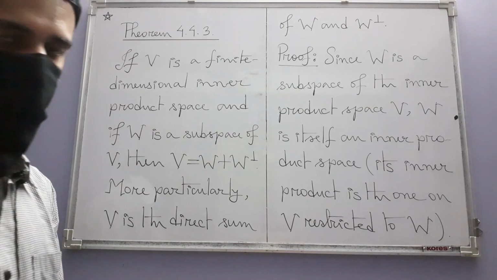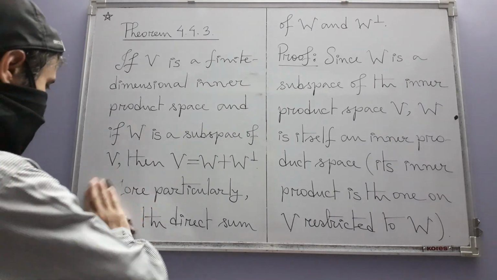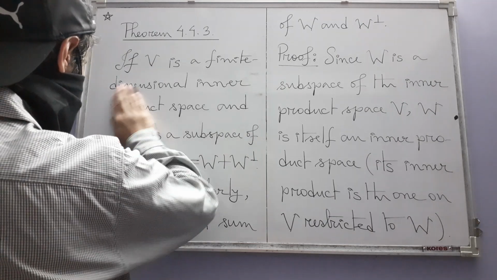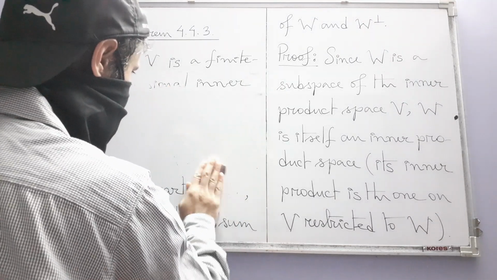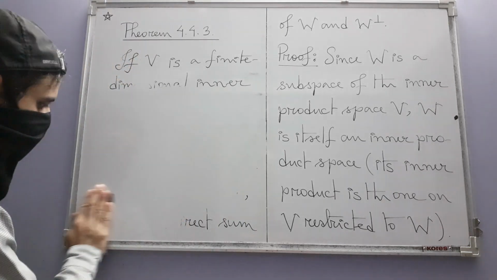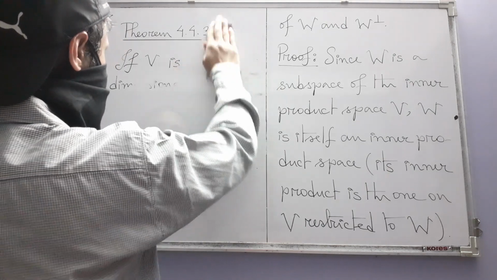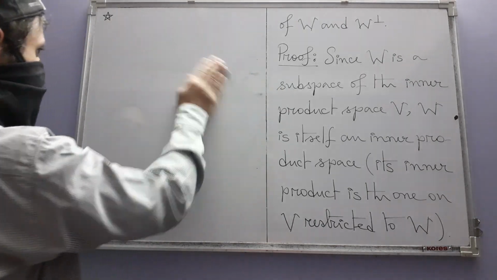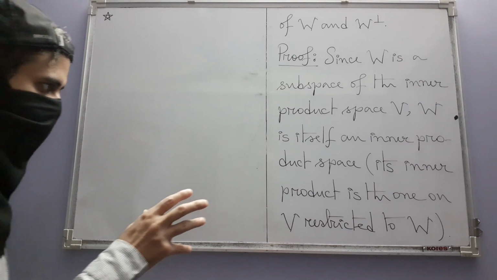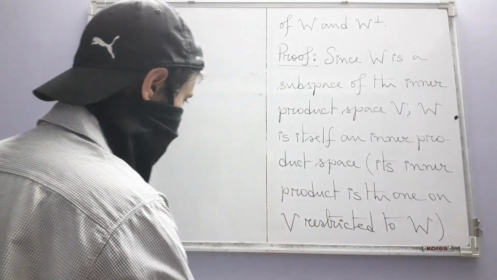That just simply means that the inner product, that function which you have on V, if you restrict that to W, then the restriction also becomes an inner product on W. More specifically, that just means this. So an inner product on V is what? It's a function.